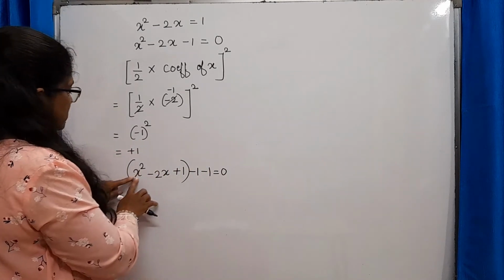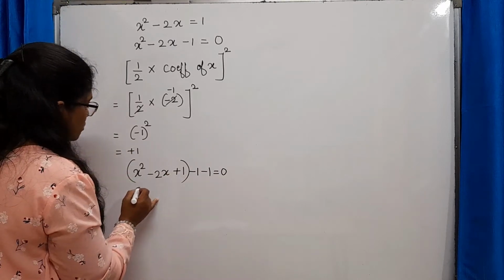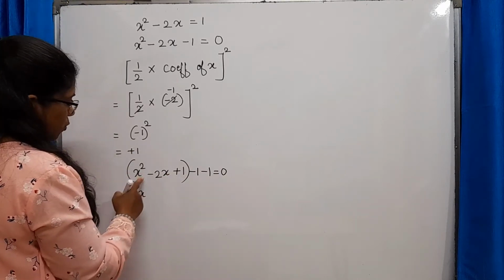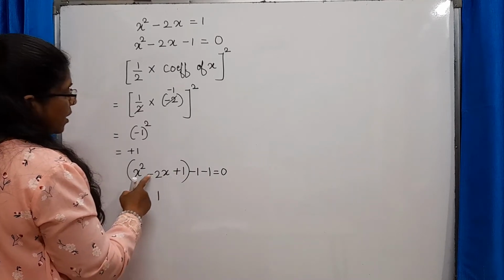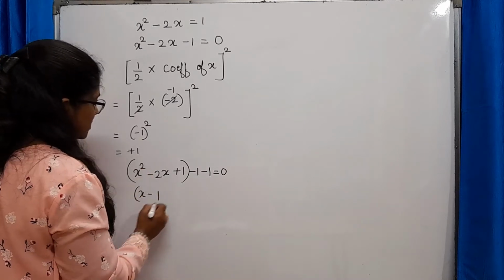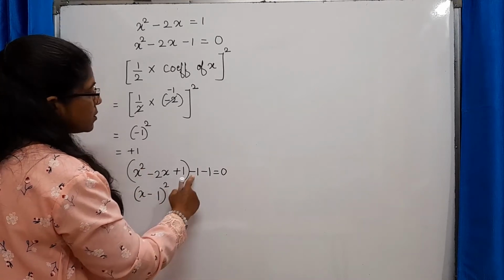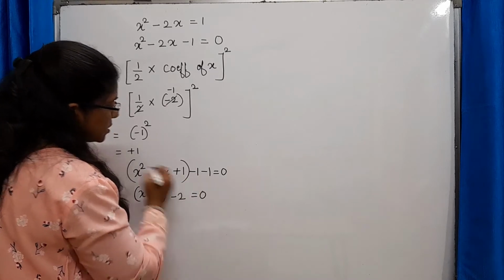Yes, the first term and the last term are perfect squares. So what you have to do is write the root of the first term, then the root of the last term, and whatever sign is there for the middle term, just place it here. Square minus 1, minus 2 is equal to 0.